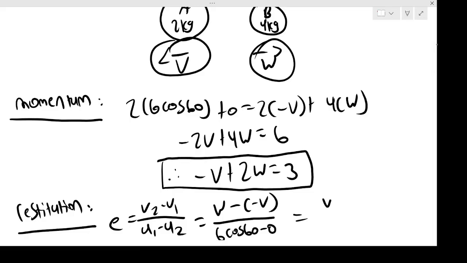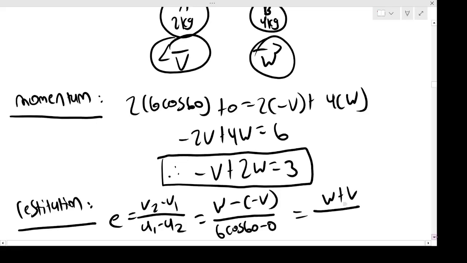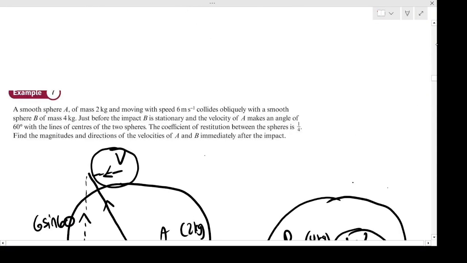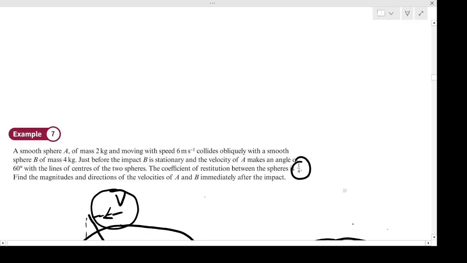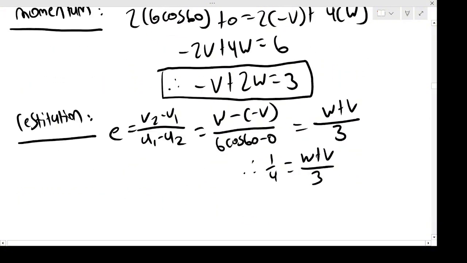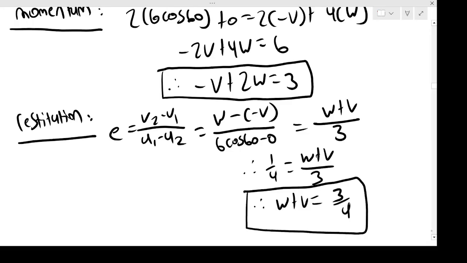And so that will simplify to W plus V over 3. Now, remember the coefficient of restitution we're told is a quarter. So E is a quarter. Therefore, a quarter equals this expression. So very simply, we get W plus V to be 3/4. And that is my second equation there. Hopefully happy with these two.